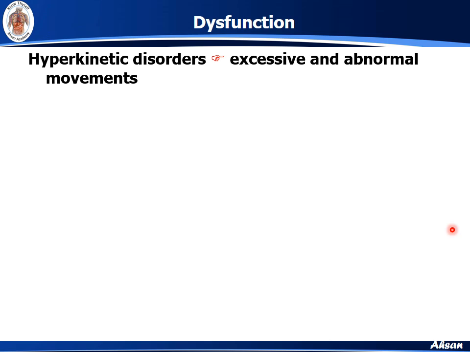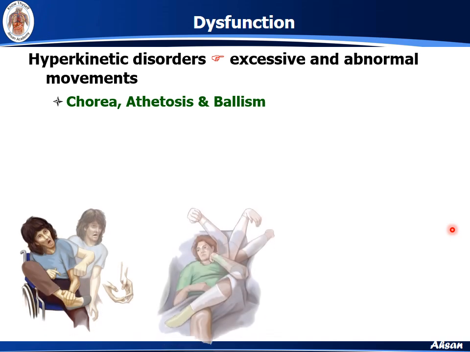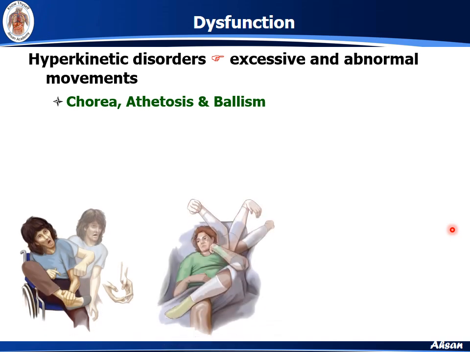Dysfunction of the basal ganglia leads to two distinct forms of disorders. One is a hyperkinetic disorder, that means excessive and abnormal movement is there. By term, they are known as chorea, athetosis, ballismus. Here I am showing the movement of chorea.